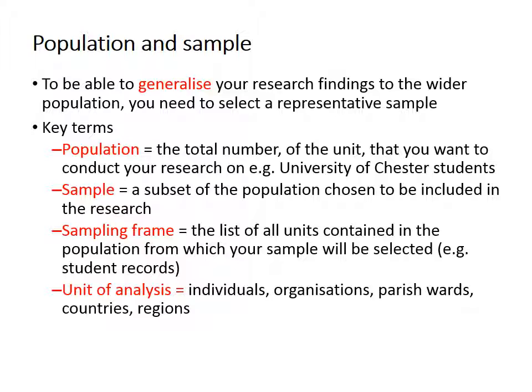Now, some research is very difficult to generalise. Quantitative research, research done in science, is relatively easy to generalise, and it applies to the wider population.